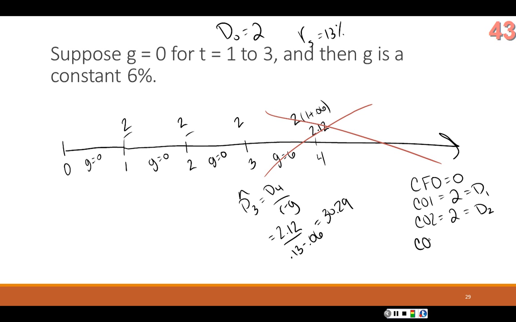And then our cash flow at time period 3 is going to be equal to the dividend at time period 3 plus the price at time period 3. So D3 plus price at time period 3. So $2 plus the $30.29. We then push the NPV button, enter in the interest rate of 13%, down arrow, enter, and compute.